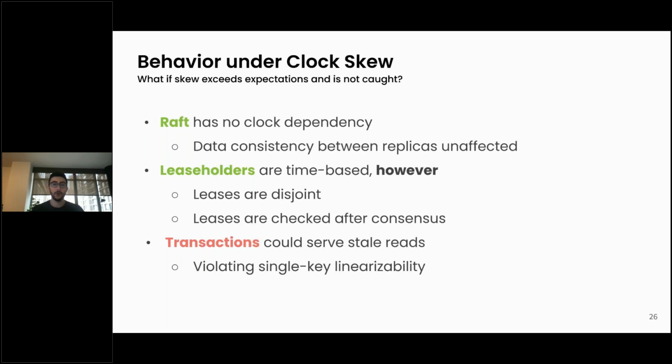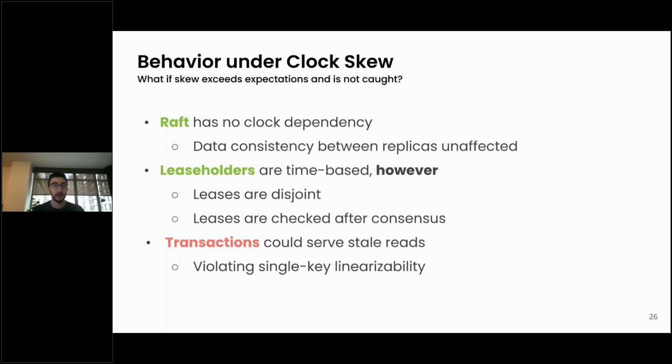What can happen though under severe clock skew is that transactions can serve stale reads, and so this would violate single key linearizability. If clocks are sufficiently skewed, then it's possible for a transaction to write some key value, and then for a later transaction to read below that key value without observing that first transaction in its uncertainty interval.